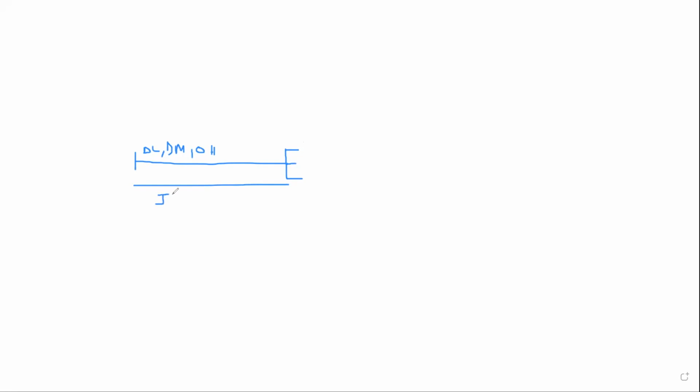So from the start of the process, up until where the 3 products come out, that whole process is known as the joint process.